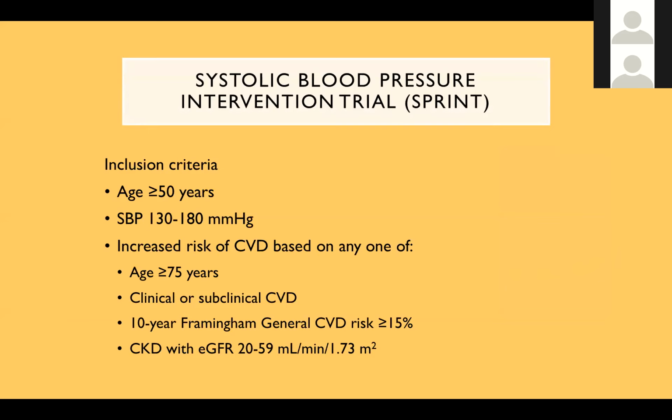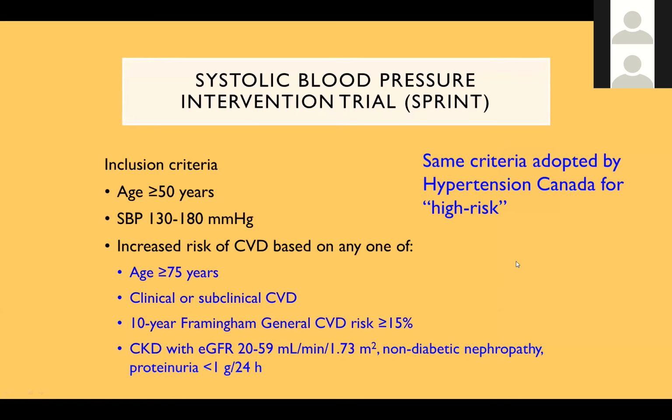We won't go through the nitty gritty of the trial itself, but if you look at the population they studied, you'll see that it looks quite familiar. Hypertension Canada adopted the same criteria that identified patients to be at increased risk of cardiovascular disease in the SPRINT study, really word for word.